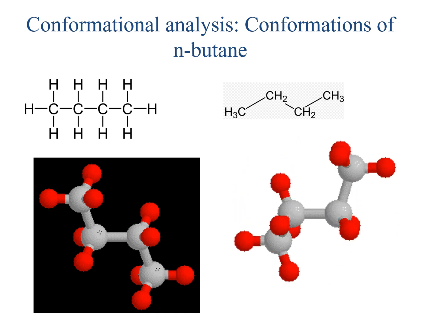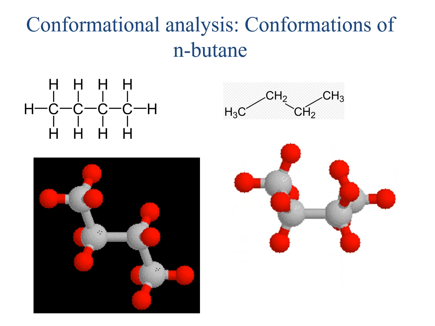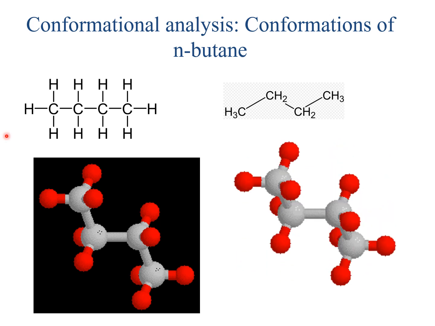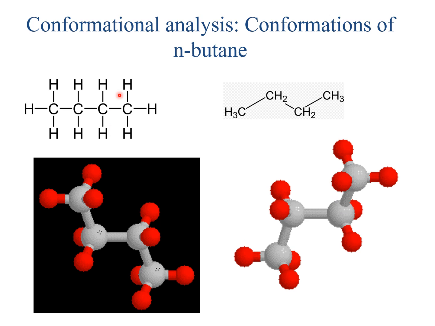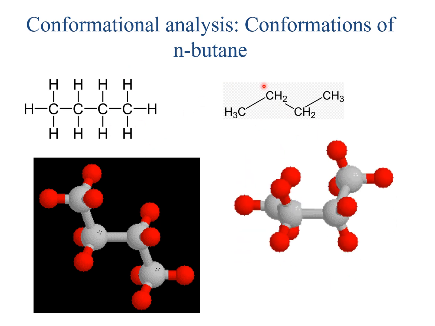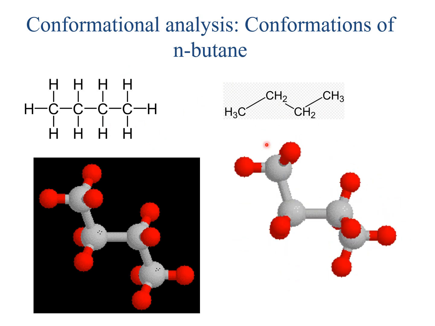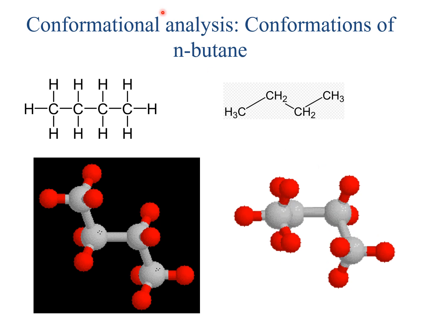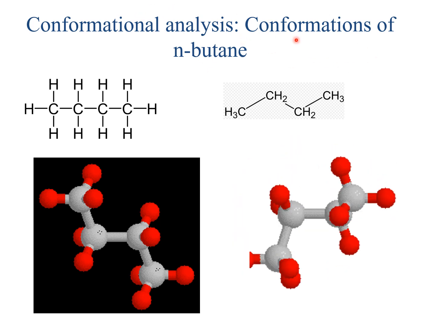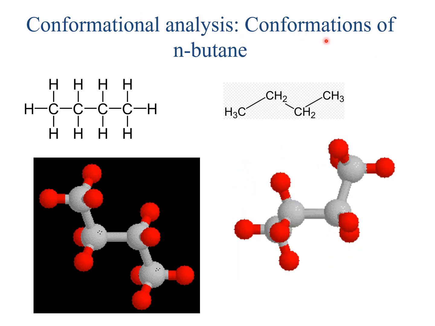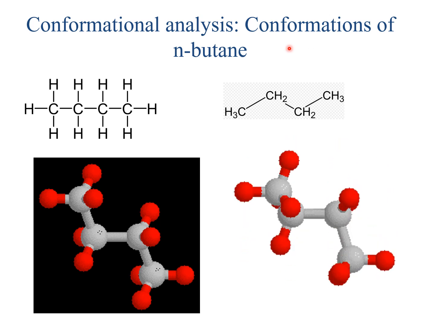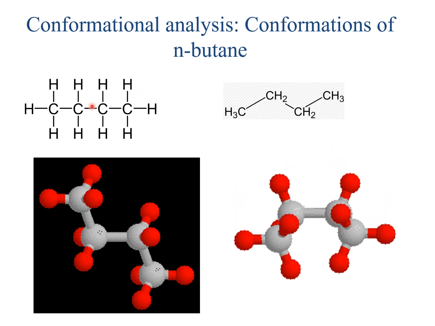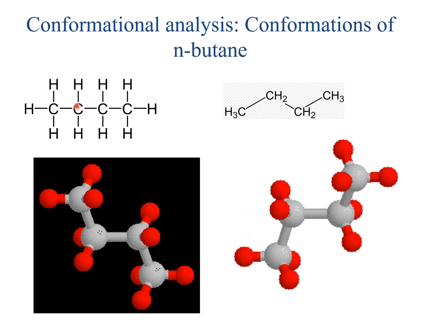That is the conformation of n-butane. Butane formula CH3, CH2, CH2, CH3, or it can be written like this. The molecule can be viewed like this. Here conformation is nothing but simple carbon-carbon rotation. The molecule is allowed to rotate. So in the case of butane, the rotation is taking place between C2 and C3.